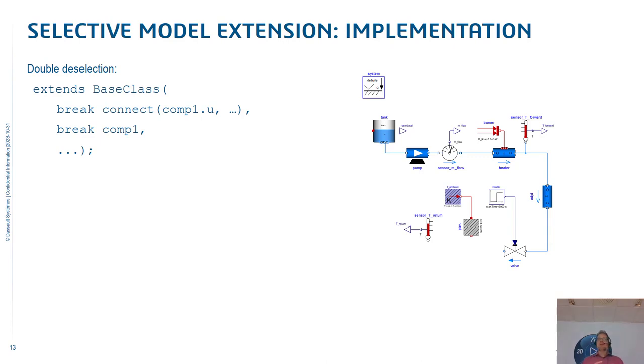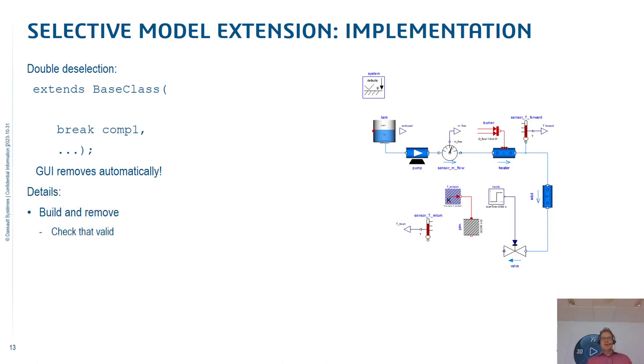As currently specified, that's illegal, because now the connection in comp1 is both removed as part of the connect and removed due to removing comp1. And Dymola GUI automatically removes that. So it says that there is a double deselection, just remove it from the deselection.